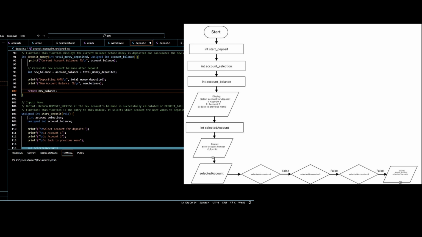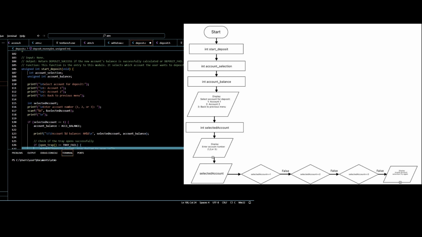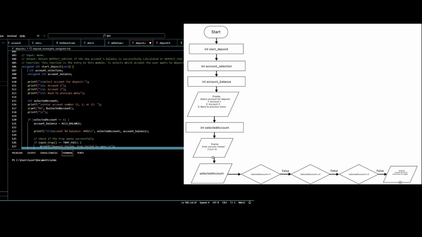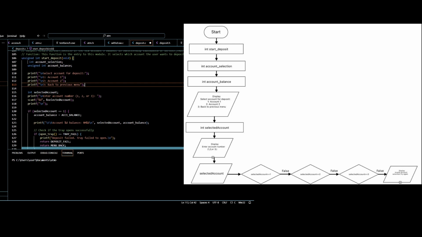For prompt user for account selection, int selected account declares a variable to store the user selected account number. For printf, enter account number 1, 2 or 3 to prompt the user to enter the account number.